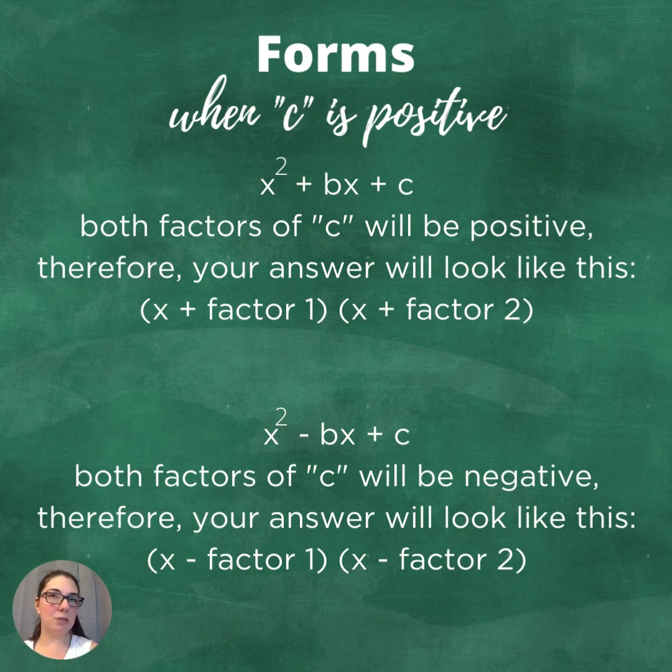I think this will make more sense when we do the examples. But again, when c is positive, the 2 factors will be the same sign. So it's good to look at the sign of your b value to know what that factor is. If it's plus bx, then both factors are going to be positive. And if it's minus bx, then both factors will be negative.